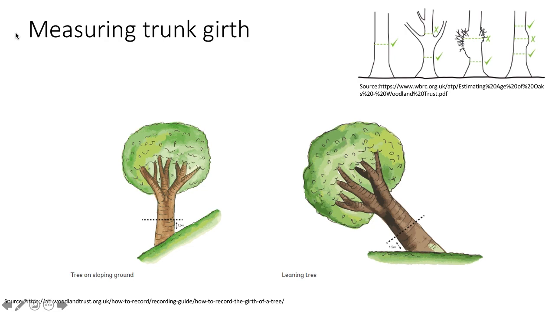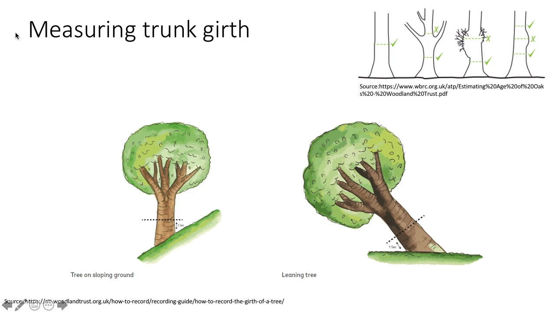The second one from the left has branches that start quite low down, but as you can see, you shouldn't really be measuring the trunk above any branches. It should always be below. If they have growths on the tree, you shouldn't really include those in your girth measurement, because they will distort your measurement.